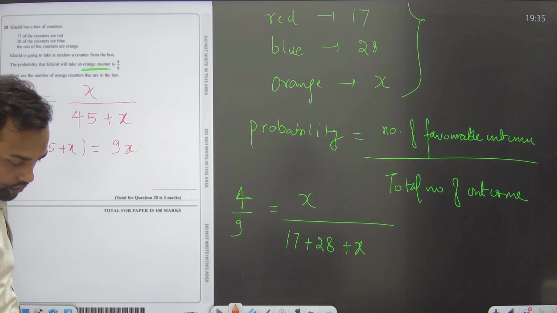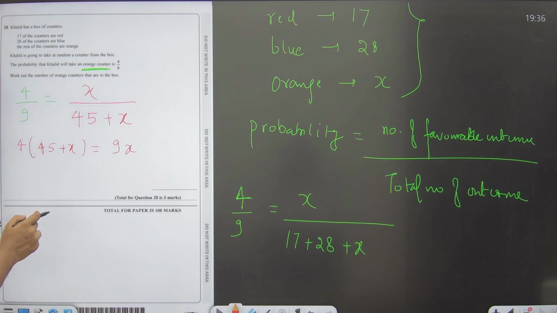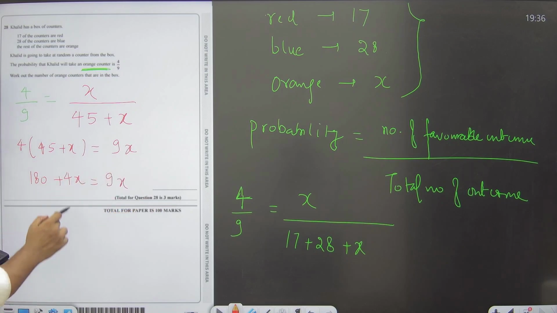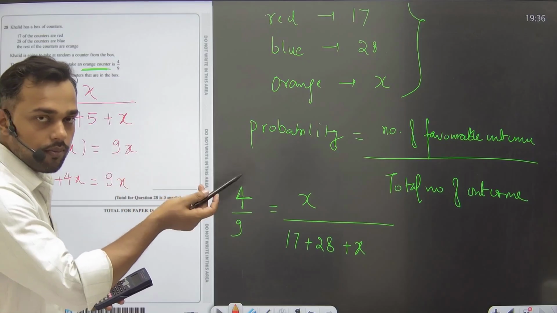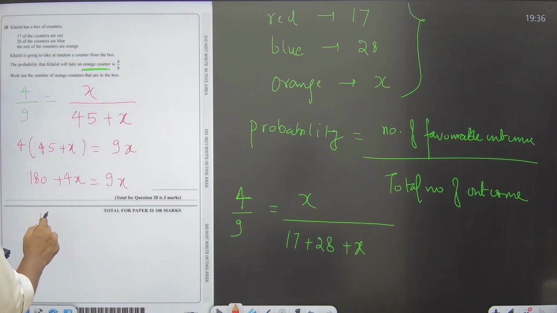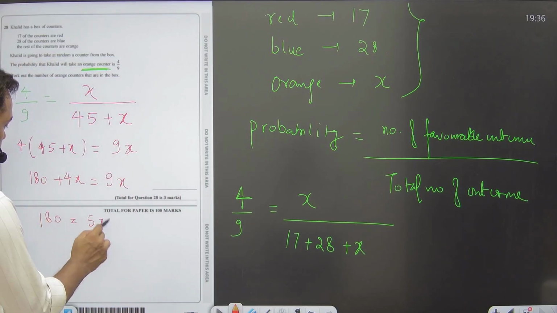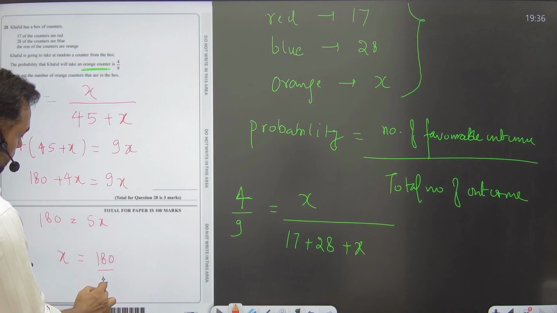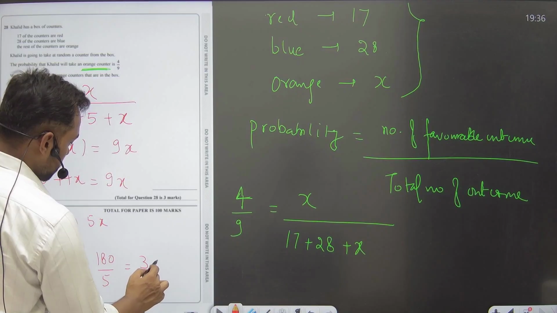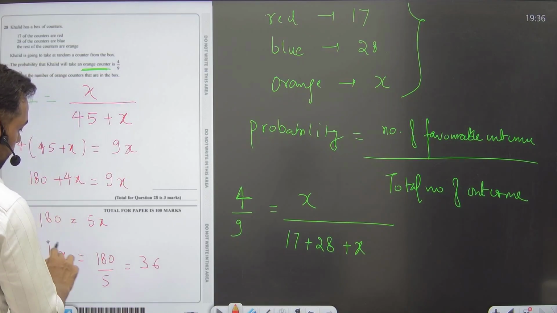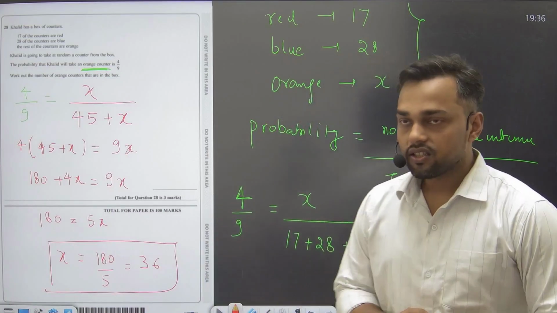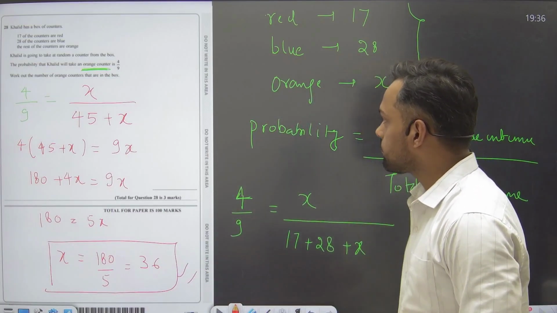So 45 times 4 is 180. 180 plus 4x equals 9x. On transposing 4x to the right hand side, the sign is positive so it will be negative on the right hand side. So 180 equals 5x. Now x will be equal to 180 upon 5, that will be 36. So the number of orange counters will be 36. This is how we need to solve this problem.